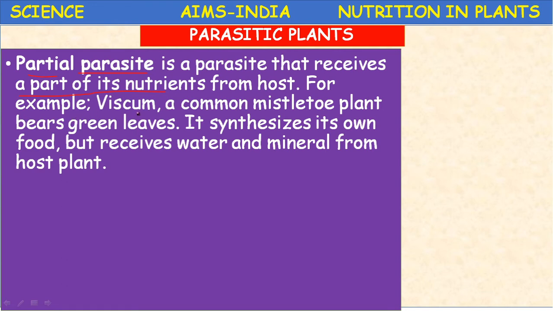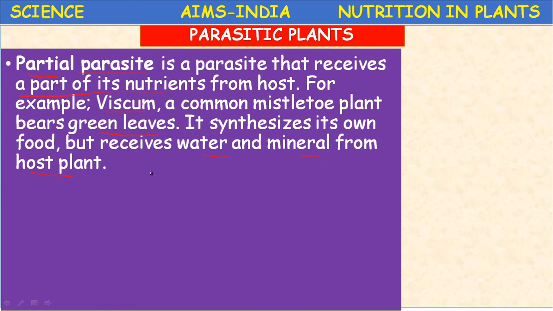Several examples are there, like Viscum, a common mistletoe plant, which bears green leaves. In the first slide we have seen Viscum, the mistletoe plant, where green leaves are present, and it synthesizes its own food but receives water and minerals from the host plant. So here the partial parasite depends partly on the host.